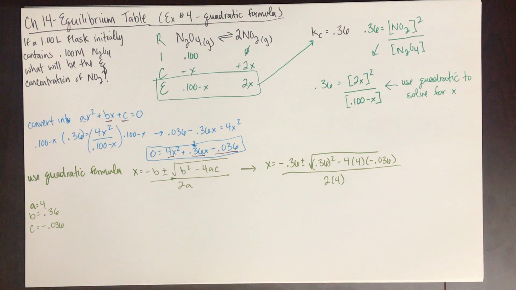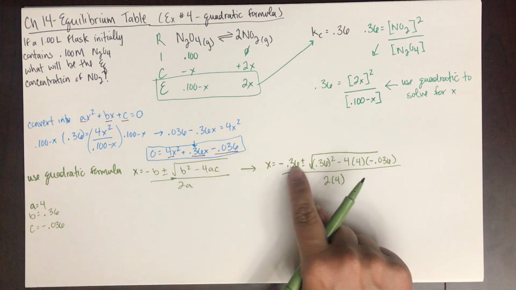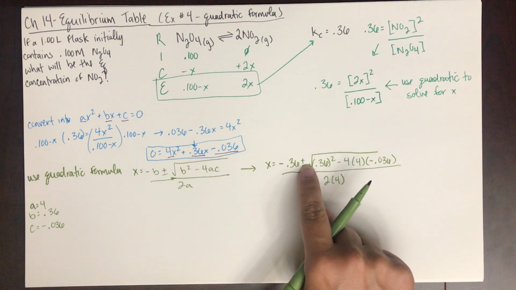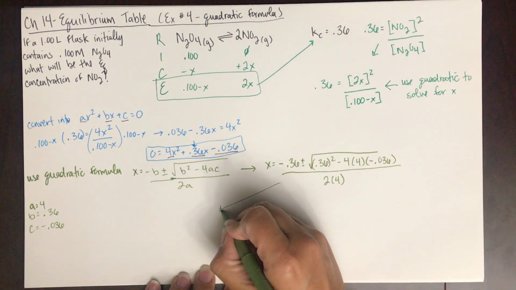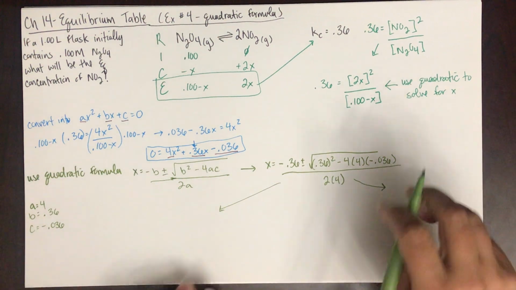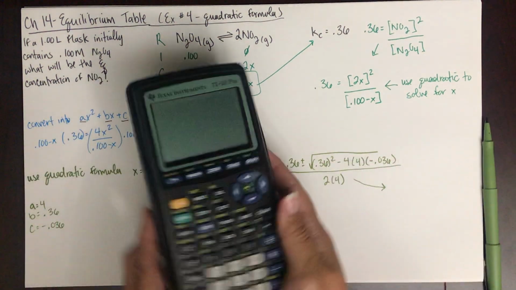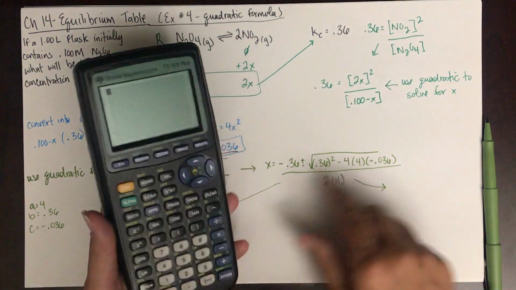Okay, so when I solve, I'm going to get x equals 2 options. X equals negative 0.36 plus this, or negative 0.36 minus this. So let's see what the 2 options are. So I'm just going to solve for this term under the quadratic formula, under the square root right here.